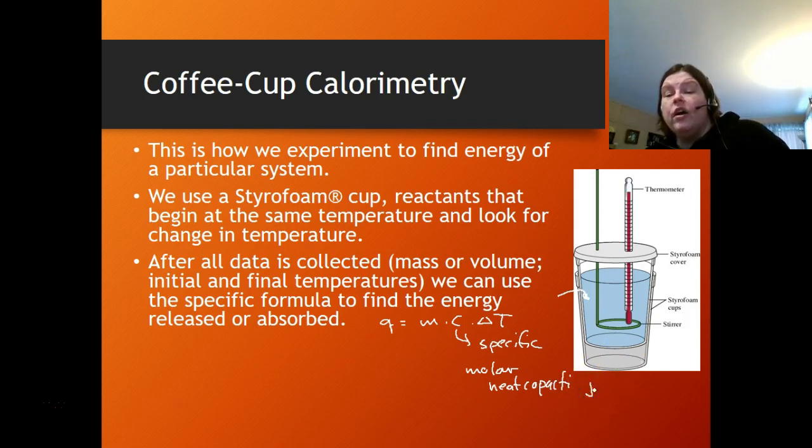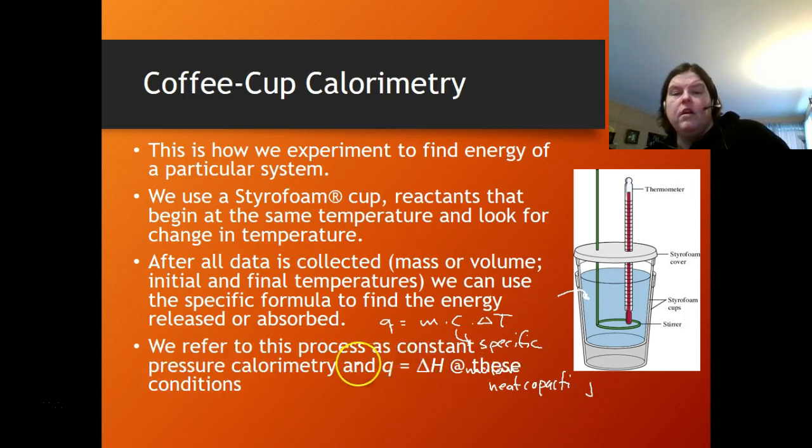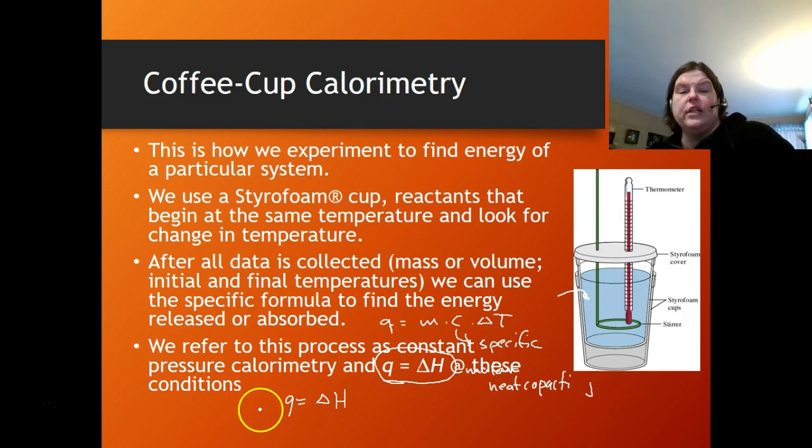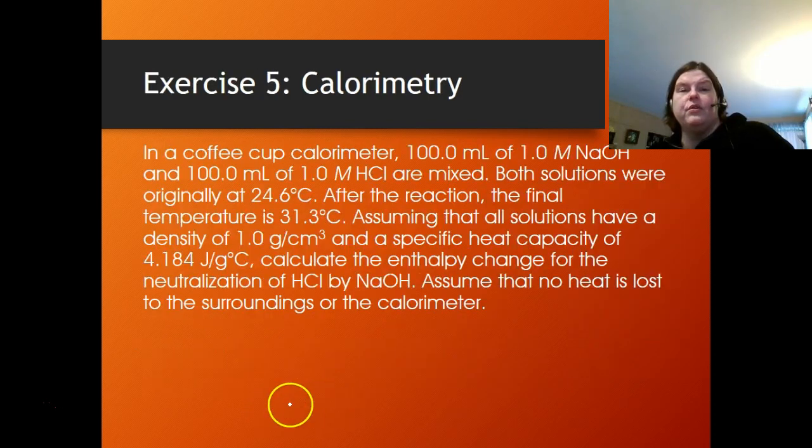We refer to this process as constant pressure calorimetry, and in constant pressure calorimetry, Q is equal to delta H. So all of those problems you solved last week, Q gives you delta H because of the constant pressure conditions, so that holds true.